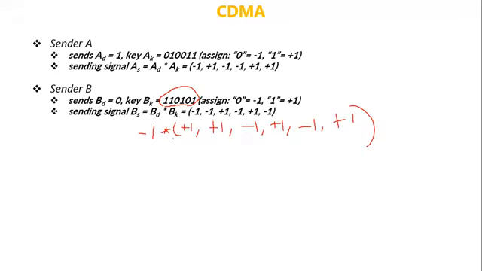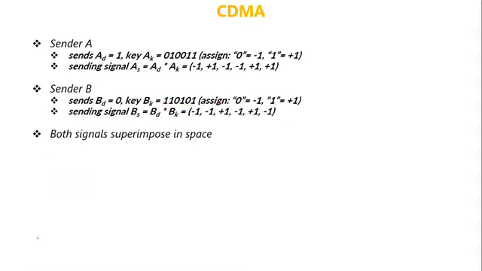Before sending, B performs the encoding BD into BK. BD is 0, which we represent as -1. Multiplying with -1 changes all the signs, so this becomes -1 -1 +1 -1 +1 -1. So finally sender B will send this particular data, the encoded information.